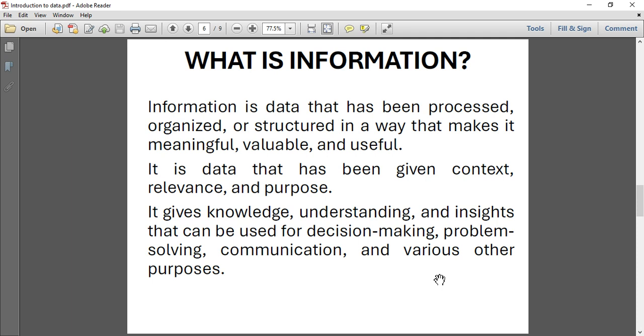So after you process the data, you get the knowledge, you get the understanding, and the insights that can be used for decision making, problem solving, communication, and various other purposes. The data you gather at the hospital, the data you gather at school, it helps you to make decisions or to solve a problem which could have erupted if you had no data.